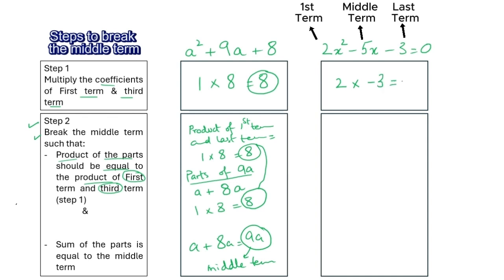Now, the first step is to multiply the coefficients of first term and the last term, which I have done, and it is 2 multiplied by minus 3, which is equal to minus 6.